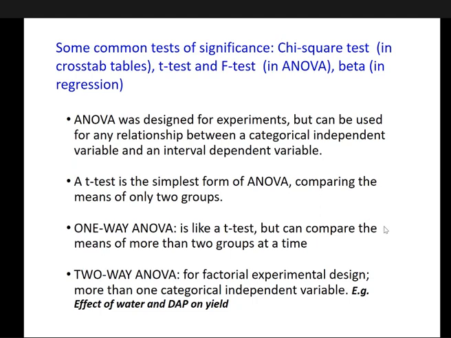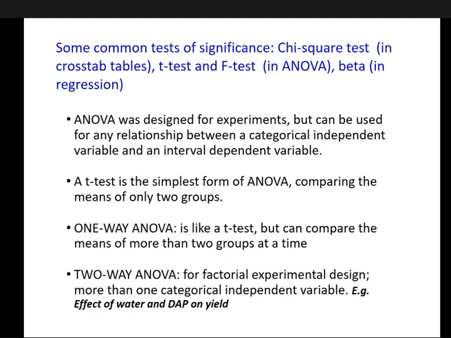So the simplest form of ANOVA is a t-test, where you are comparing means of two samples or two groups. But it can always be expanded to more than two groups, in which case we have what we call a one-way ANOVA, which is like the t-test in the simplest form of ANOVA.